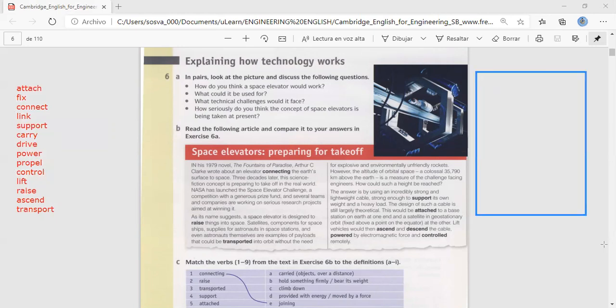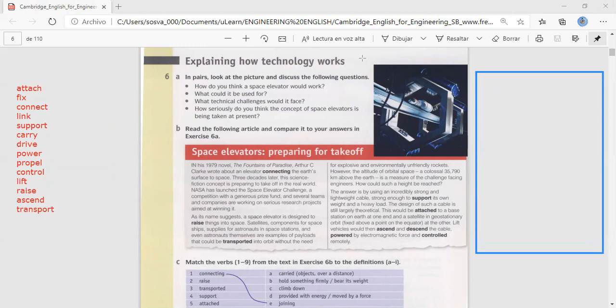Link has a different meaning, a linkage, a part of an extension. Support, okay? I use support, my department is product support.